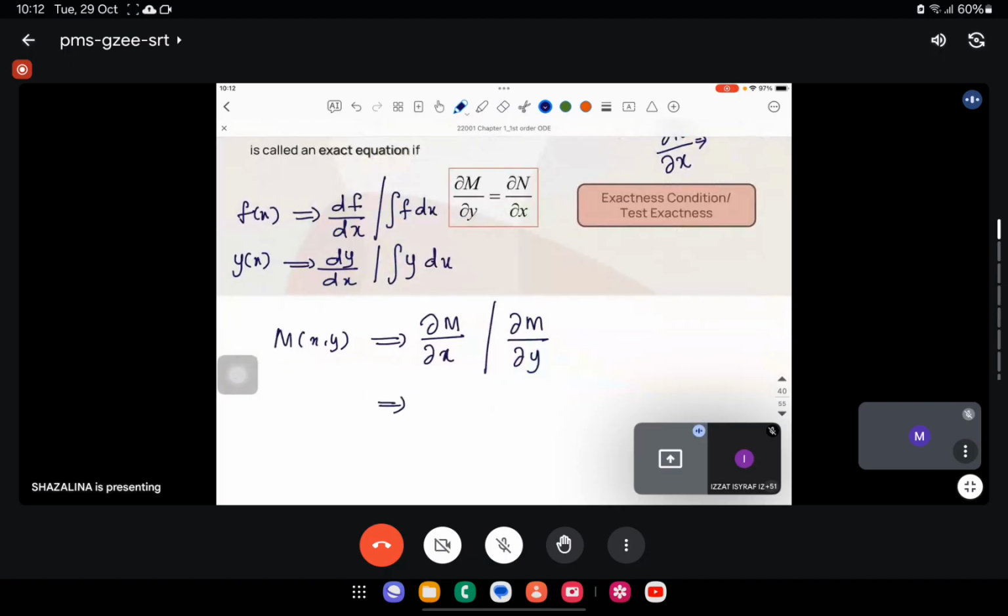We want to integrate M with respect to x or integrate M with respect to y. If you can see for the derivative, we have ∂. This is ∂. But for the integration, simbol dia satu je. Integral, integral, integral. The difference is, here is dx, here is dy. Ada soalan tak?